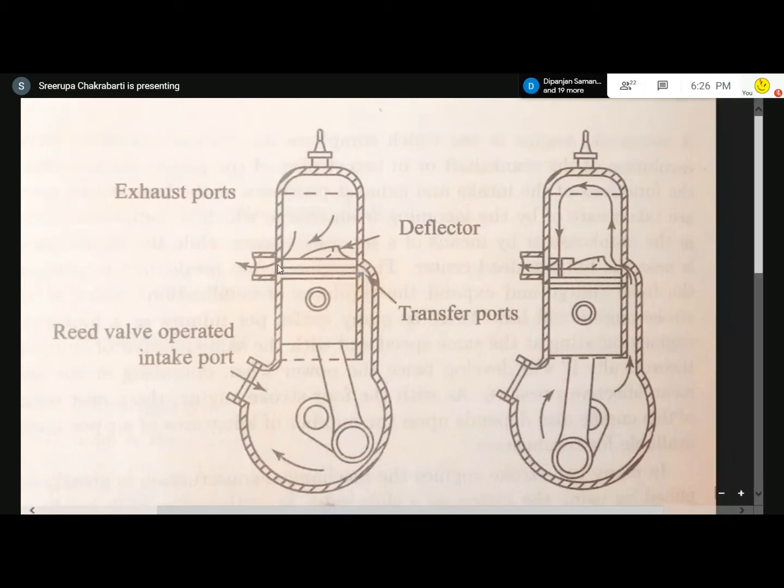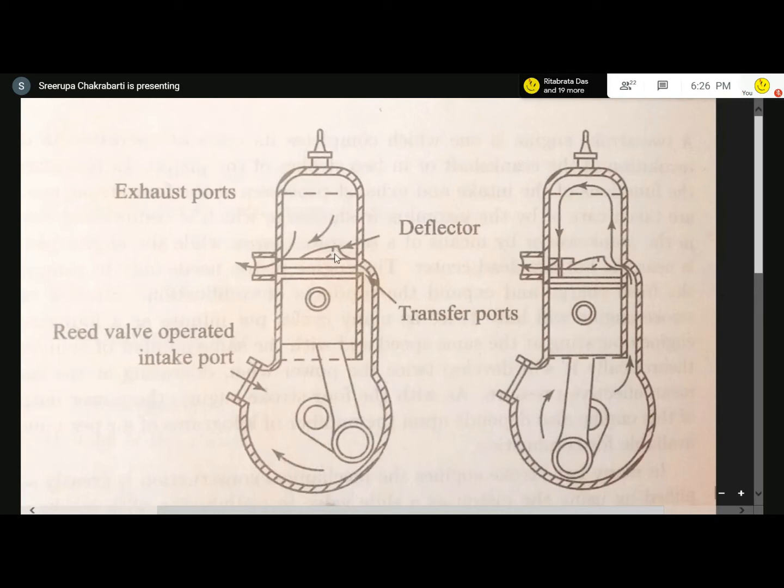When the exhaust port is opened, the gas will rush out through the exhaust port and that will cause the exhaust process. Now the pressure inside this chamber will gradually go down. The process is very fast, so the pressure suddenly decreases.